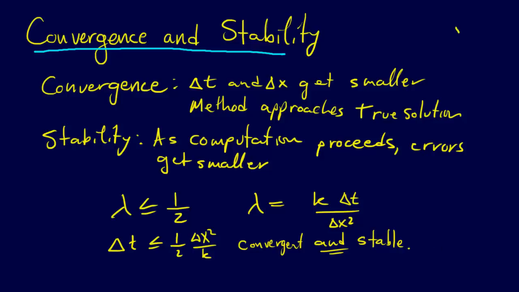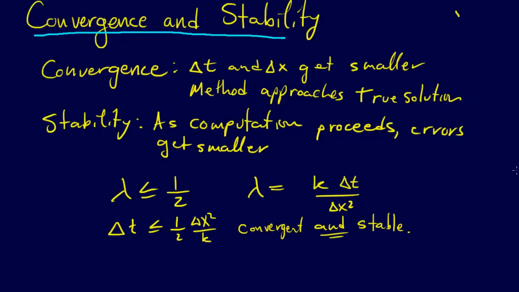Now, even if it's stable doesn't mean it's not going to oscillate. Stable just means, well, it could oscillate, but for delta t less than or equal to 1/4 delta x squared over k, the solution does not oscillate.